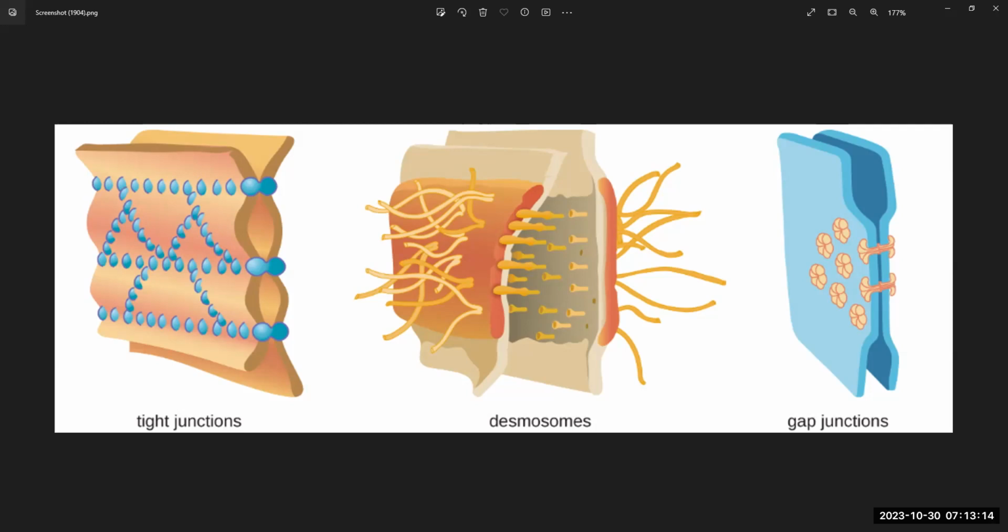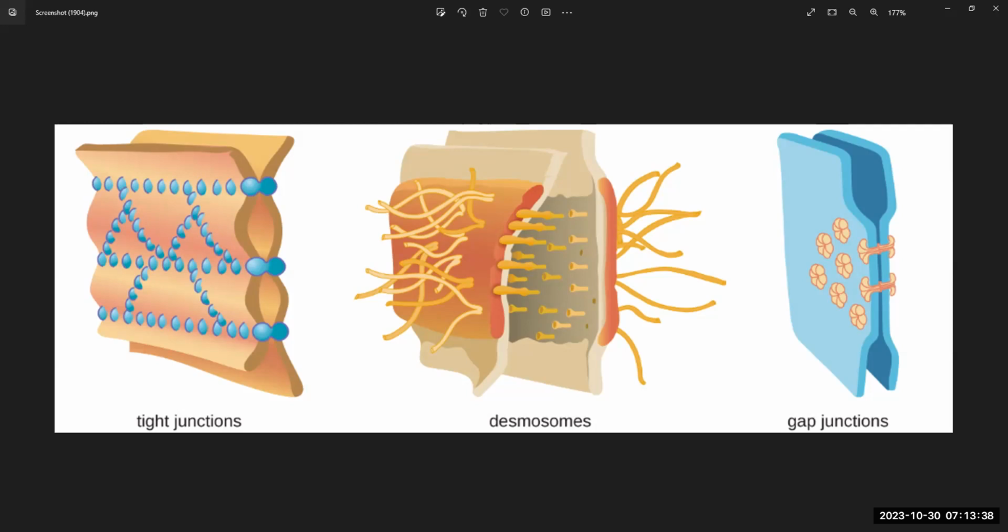Coming to the second picture, that is desmosomes, they have intermediate fibers, and if you look at it carefully, they look more like shoelaces. It is an interlinking of two cells together, which allows small materials to pass through because of the spaces that get created between these cells.